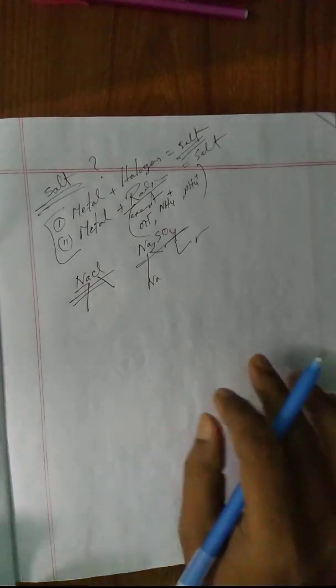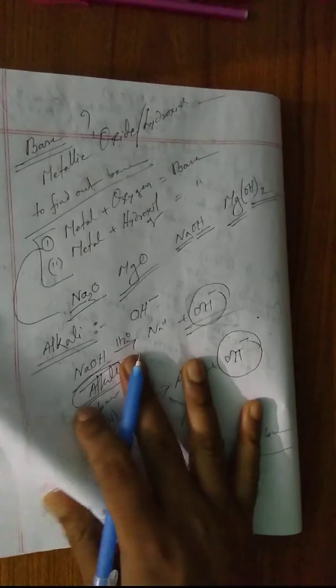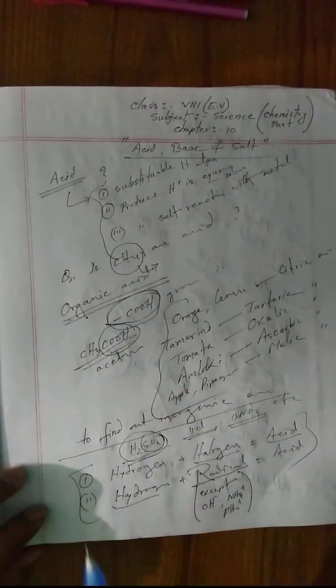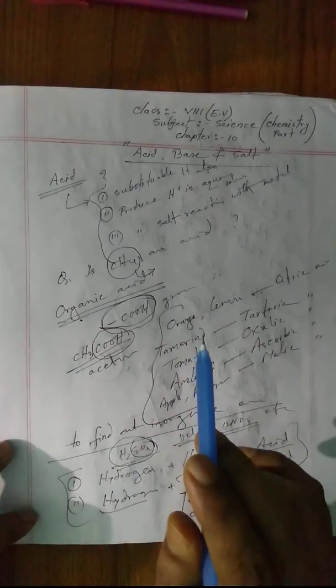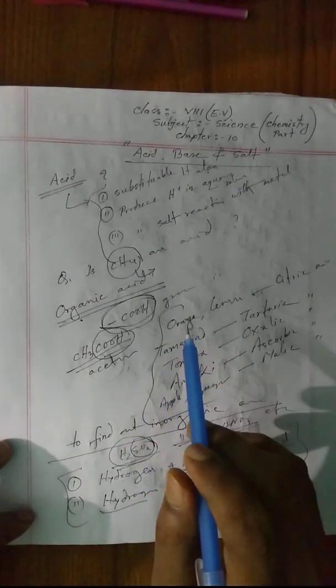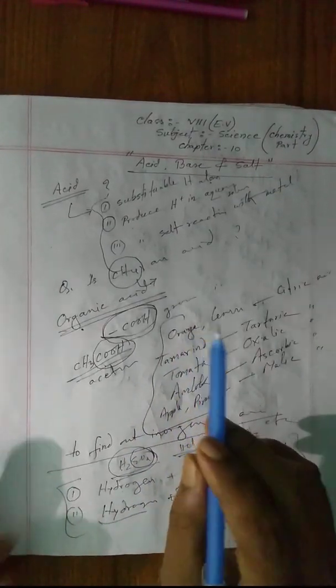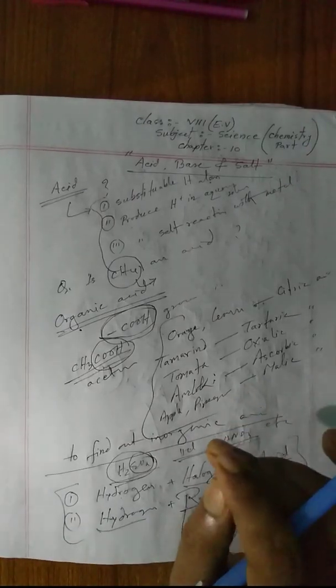Now, the topics of today. First, acid: the substance that has a substitutable hydrogen atom, produces hydrogen ion in aqueous solution and can produce salt reacting with metal is known as acid.